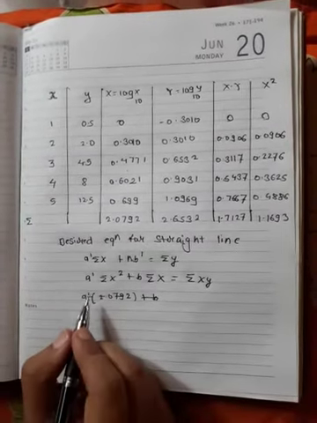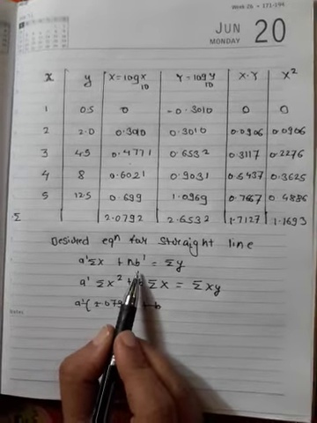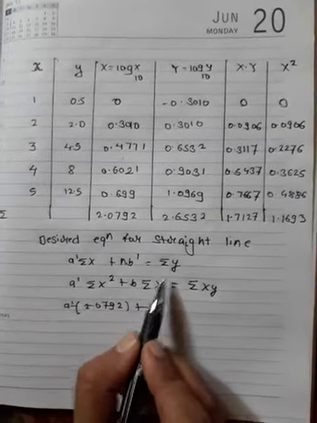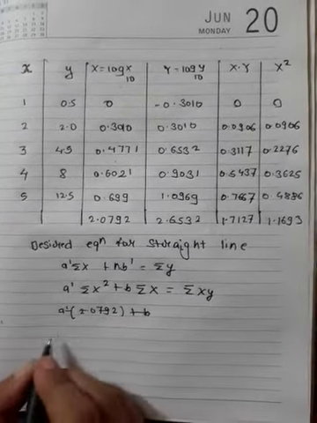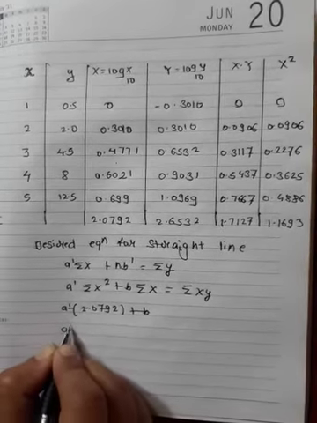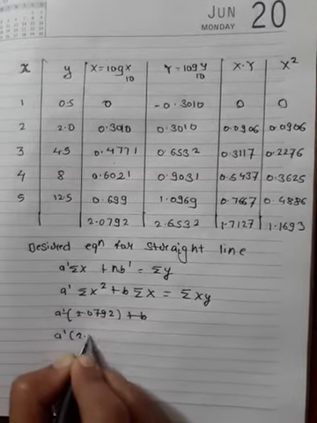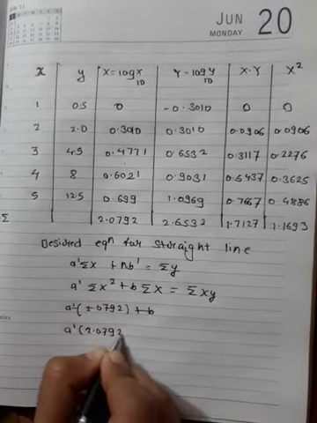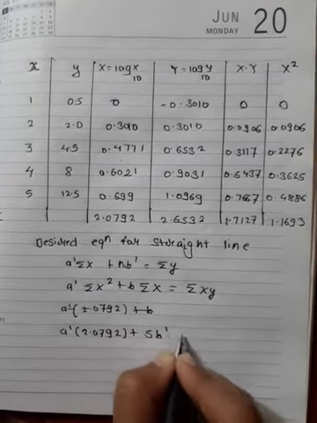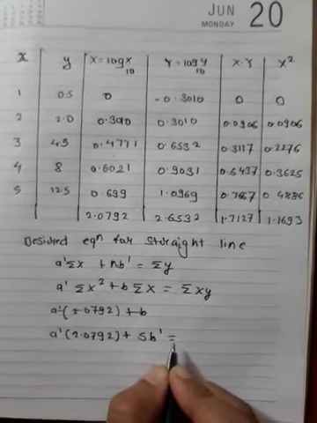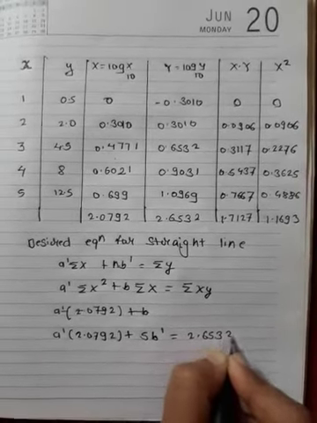In these two equations we have to enter the values of summation x, n, summation y, x square, summation x and xy. So rewriting the equation after entering all the values, you will get a dash in bracket summation x, which is 2.0792, plus n is 5, b dash is unknown, is equal to summation y, which is 2.6532.